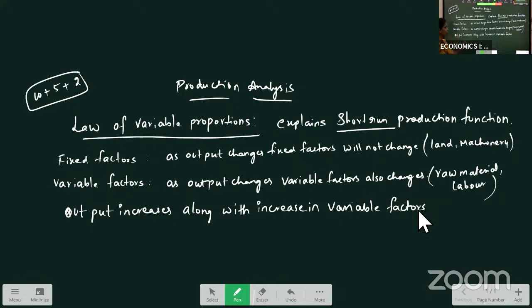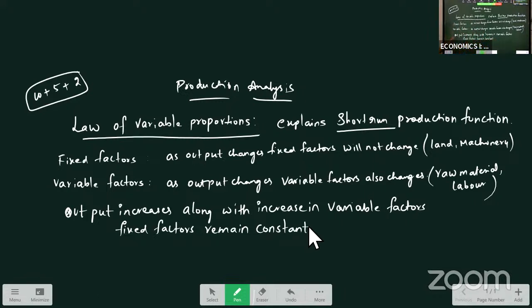Output means how much production we are doing. So our output increases along with increase in the variable factors, whereas fixed factors remain constant.